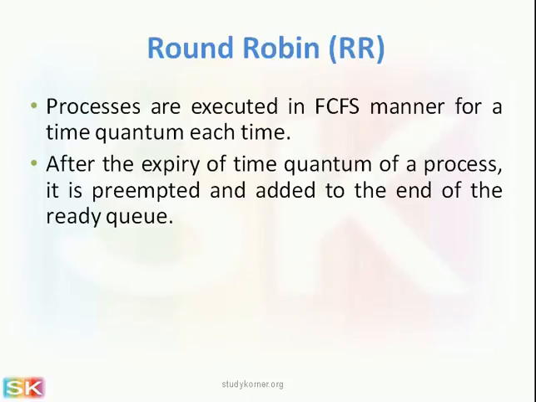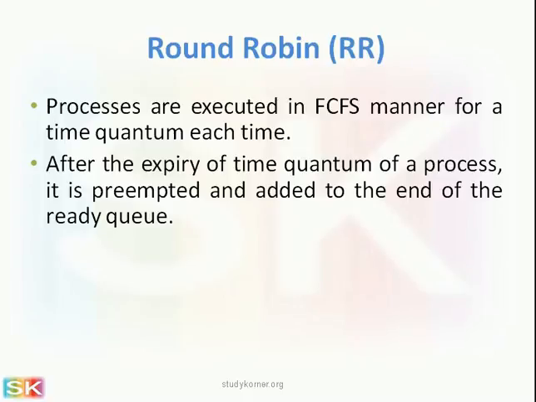So we arrange these processes in FCFS manner P1, P2, P3, and each process will be executed for 2 units of time. That is your time quantum, right? So first P1 will be executed for 2 units, then P2 will be executed for 2 units, then P3 will be executed for 2 units, and then P1 again will be executed.